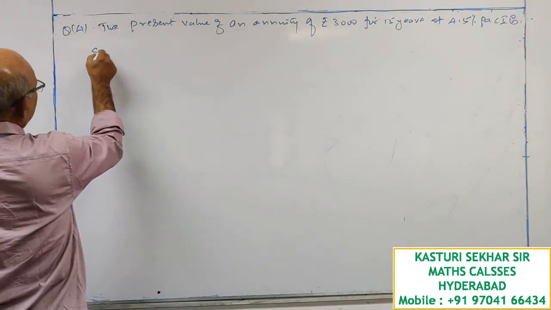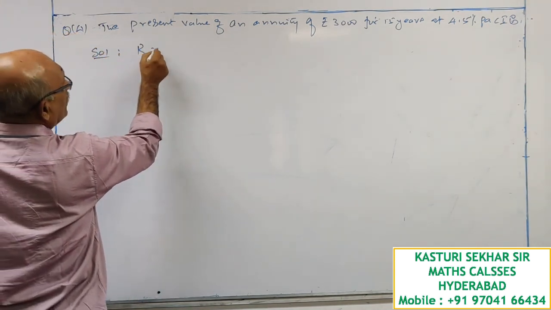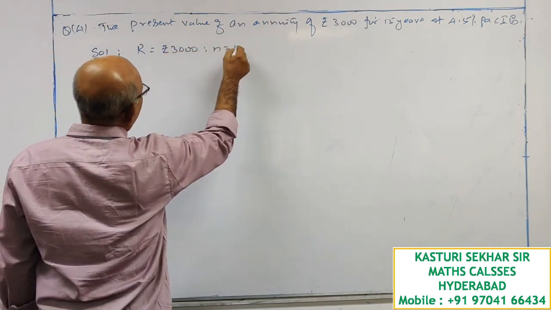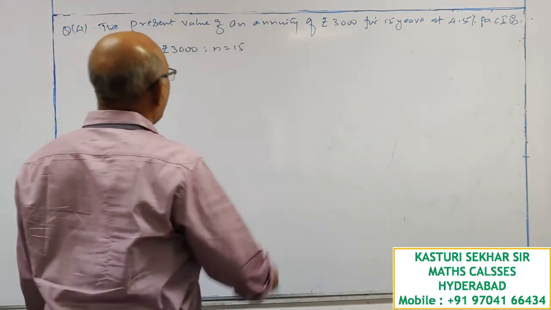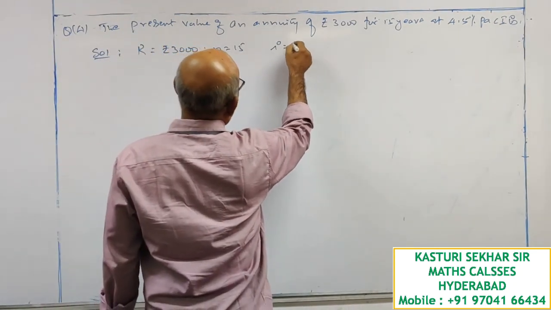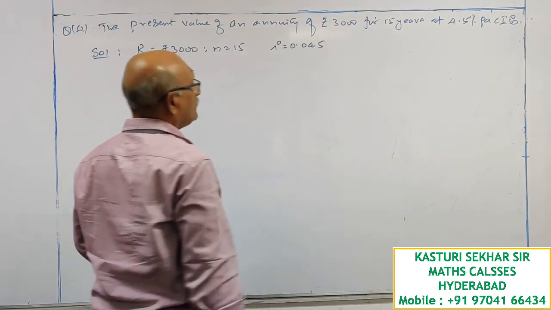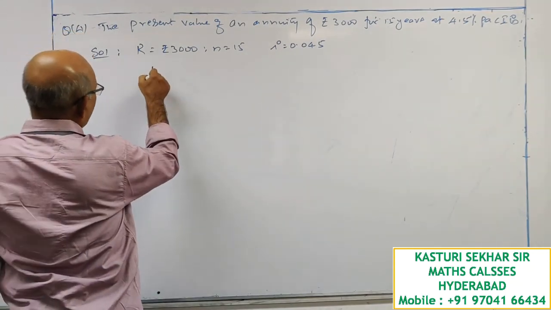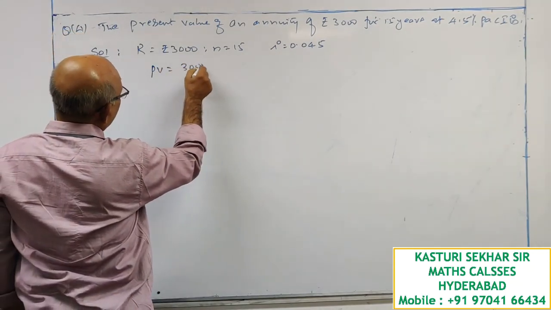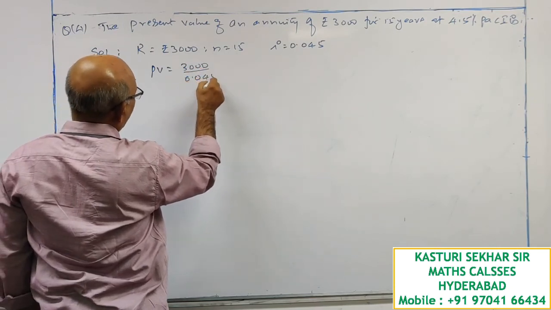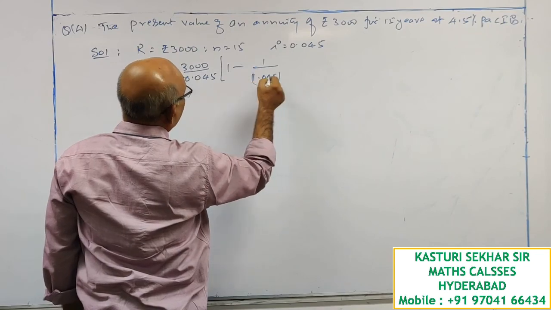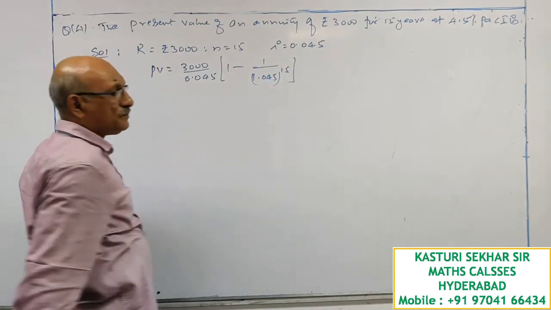See the solution. R is equal to rupees 3,000, N is equal to 15, I is equal to 0.045. So present value is equal to 3,000 divided by 0.045, into 1 minus 1 by 1.045 whole power 15.